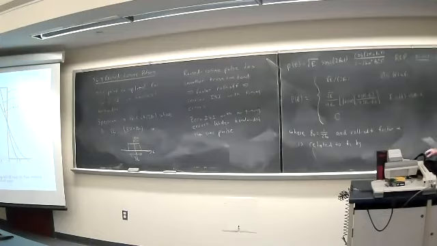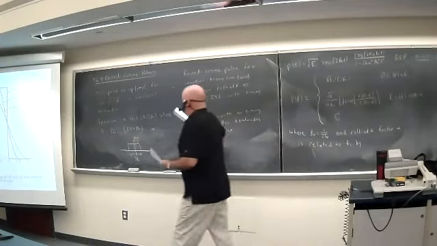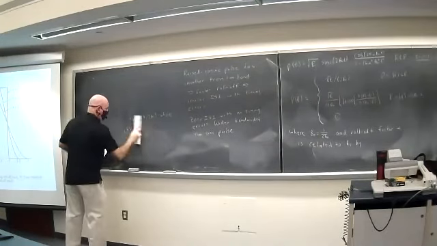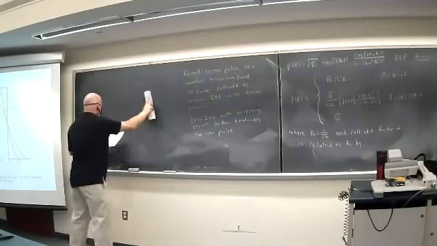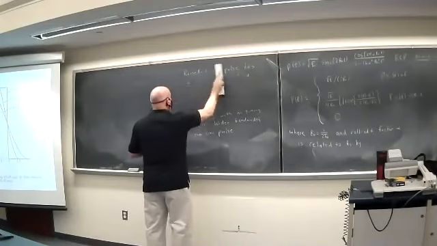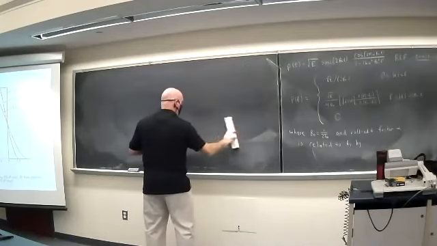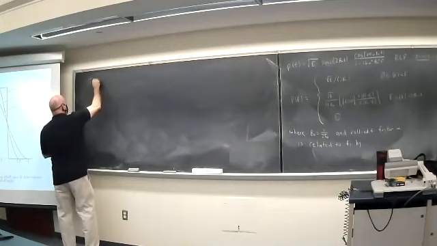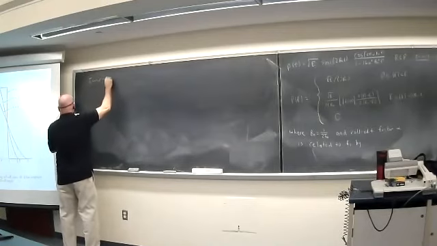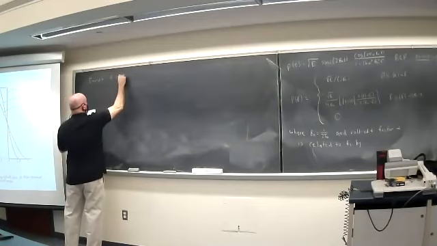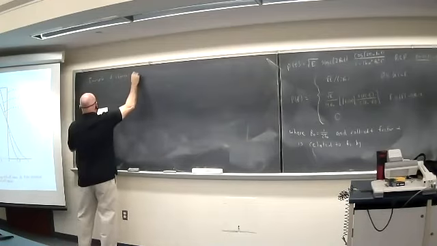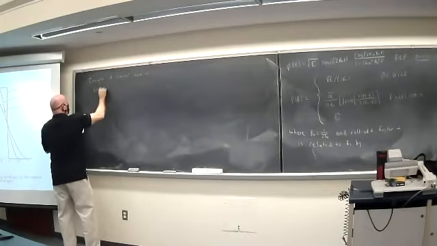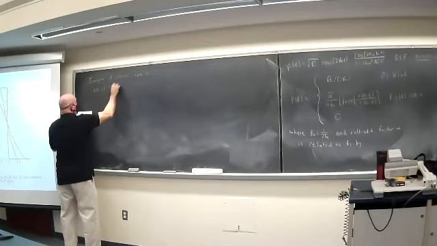Okay. So let's look at an example, I think, similar to one of the homework examples. A channel has a bandwidth of 20 kilohertz.